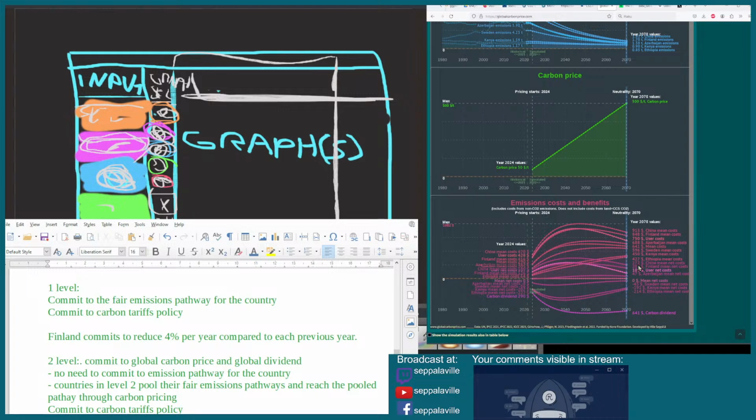I don't think it's so easy to spot how they are. Actually, where are... there's Kenya and Ethiopia. I think Sweden is missing from here. Okay, maybe it's there. Yeah, it's there.